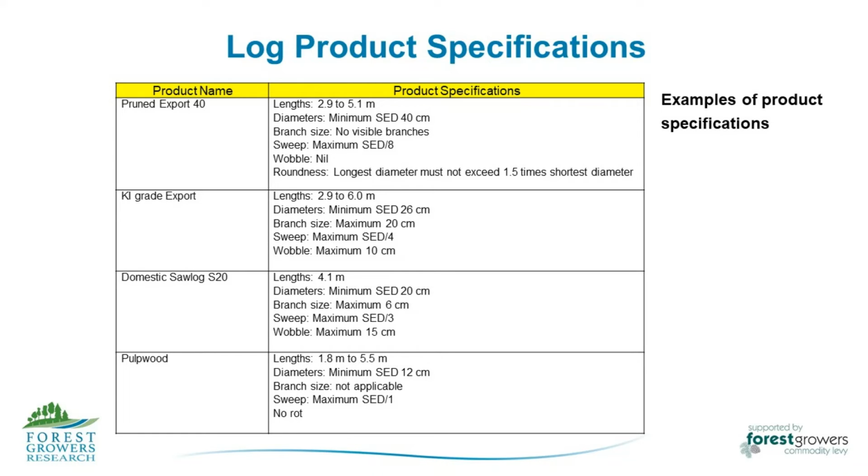Log product specifications will include such features as acceptable log lengths, small end diameter limits, branch size limits, permissible log sweep or log curvature, presence of stain, rot, damage, and deformities on the stem, centrality of the pith, roundness of the stem, etc.